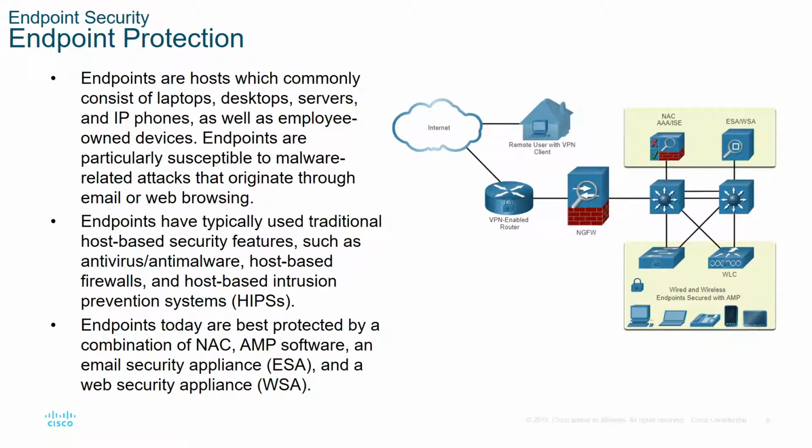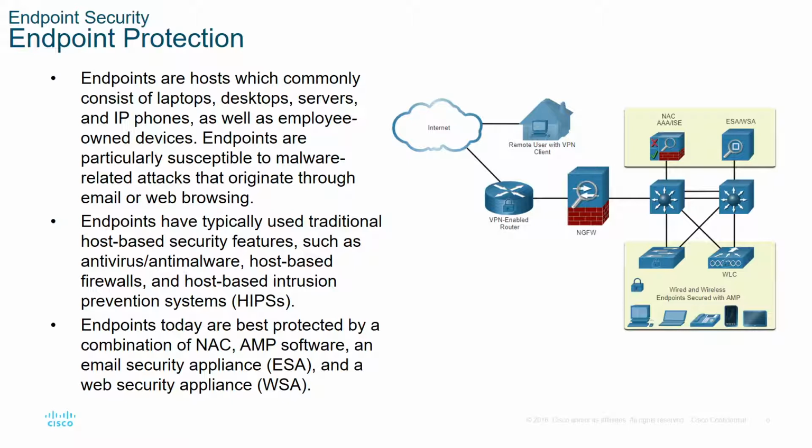Endpoint protection. Endpoints are hosts which commonly consist of laptops, desktops, servers, and IP phones, as well as employee-owned devices. Endpoints are particularly susceptible to malware-related attacks that originate through email or web browsing.